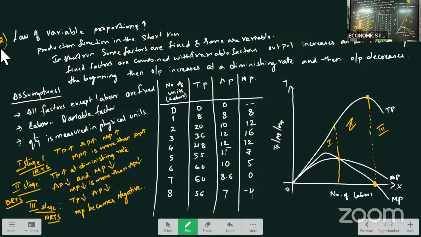Okay, so this answer is for an expected question for your exam. Now, the next important question you have to prepare is our third question, that is perfect competition.